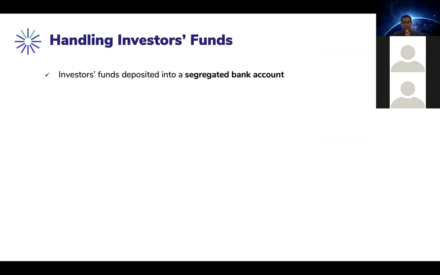Firstly, all our investors' funds are deposited into a designated bank account. It is not, I emphasize, a RealVantage controlled account. The bank account is managed by the escrow agent, and RealVantage has rights to view. Later I'll explain the checks and balances we have.